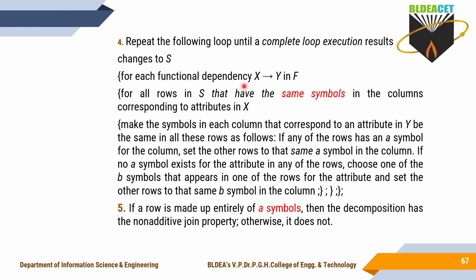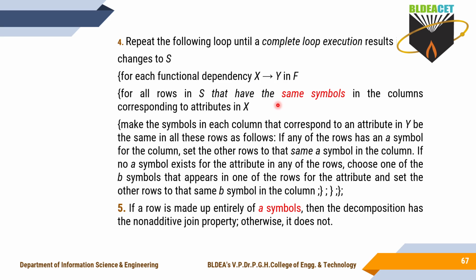For each functional dependency X determines Y in F, because the input also has the set of functional dependencies, consider all rows in S that have the same symbols in the columns corresponding to attributes in X. For multiple rows with the same X value, you check whether the Y value is the same or not.